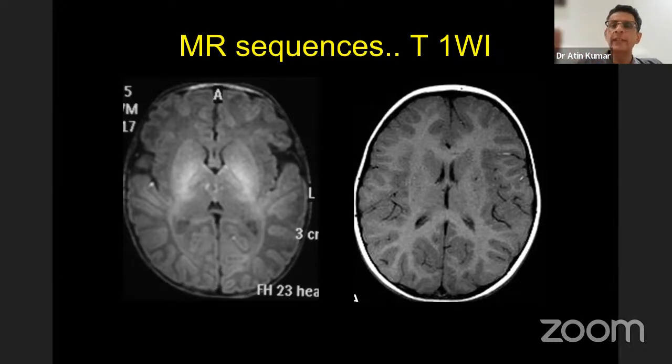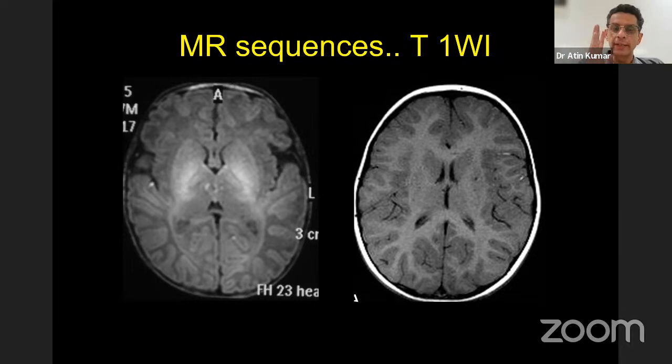You just cannot take away the characteristics of a tissue based on the windowing which you do. But on MR, depending upon the type of sequences which you're using, you can get a white or bright signal from the same tissue, or you can get a dark signal from the same tissue.